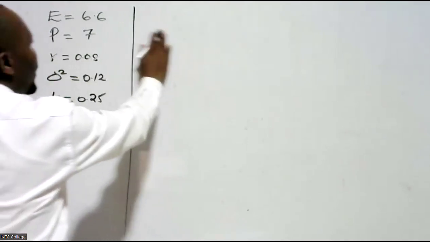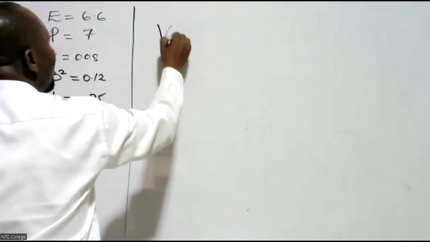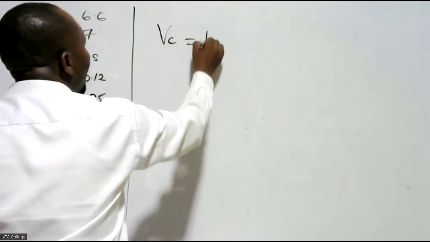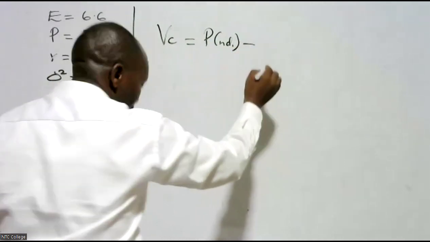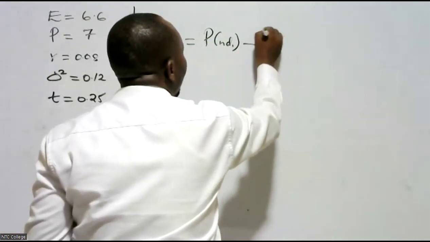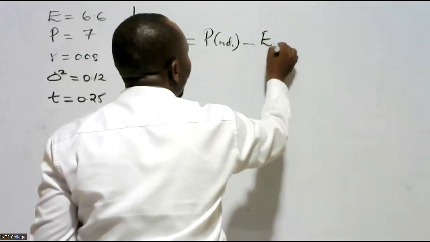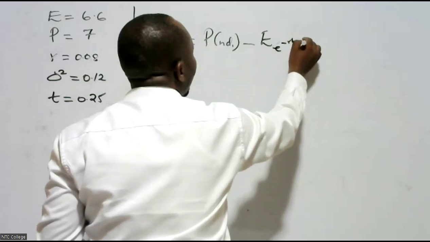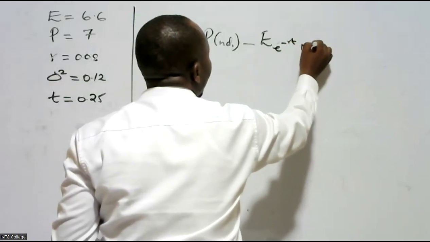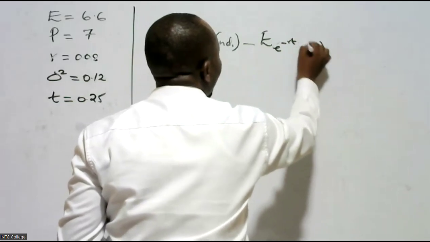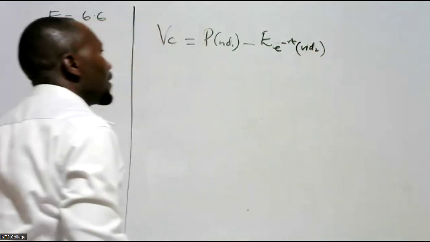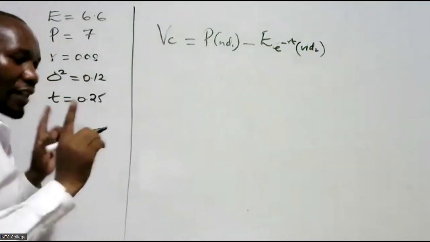So let's start by getting the formula for value of call. We are told value of call is P into N(D1) minus E into small e raised to minus RT into N(D2). That's the formula here. So we need to get D1, not N(D1) first.